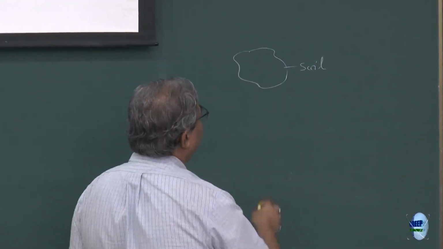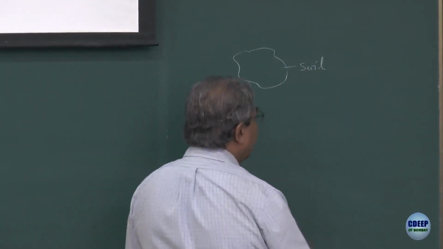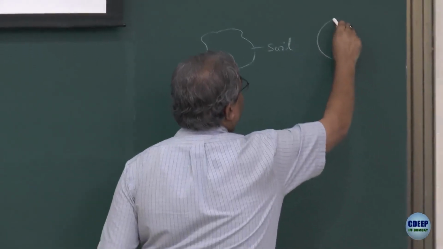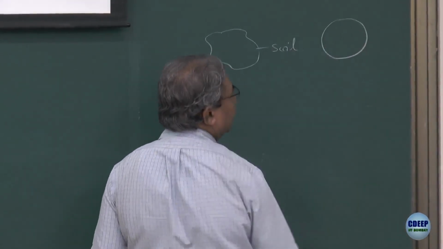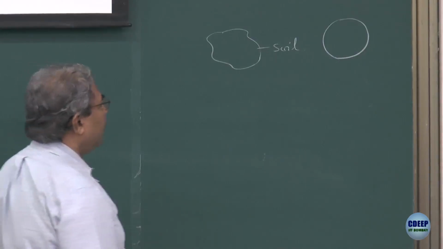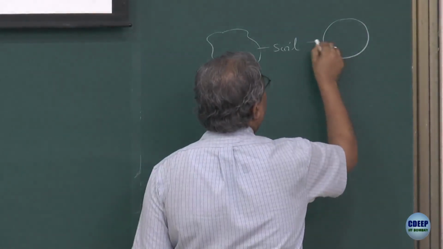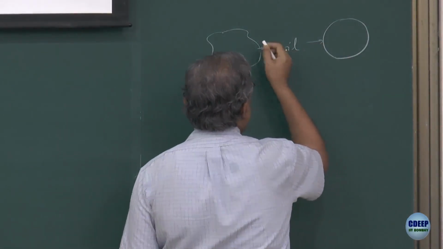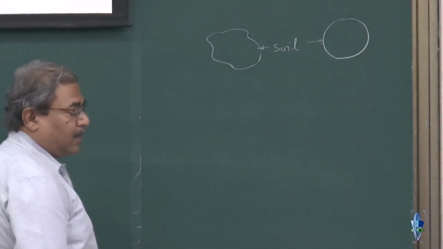Intentionally I have drawn it like this, otherwise I could have drawn a perfect sphere, and this is how you normally study soil mechanics, by assuming the soil mass to be a granular structure, which is not the real case.